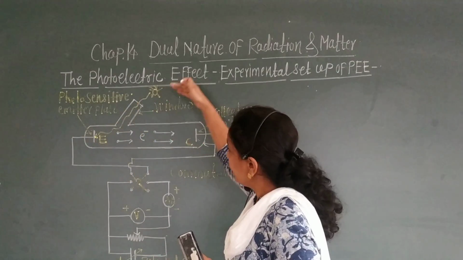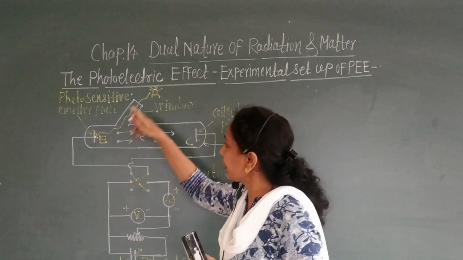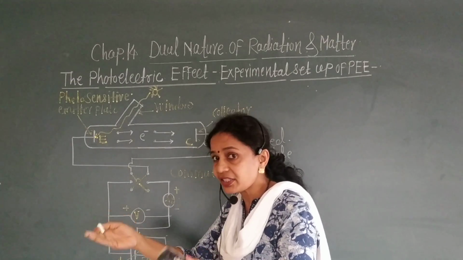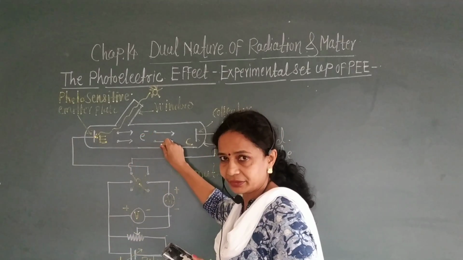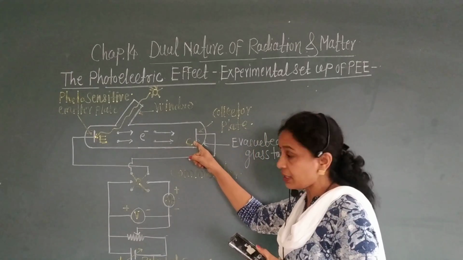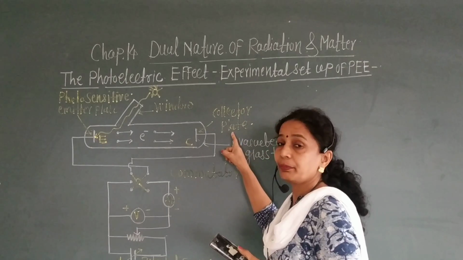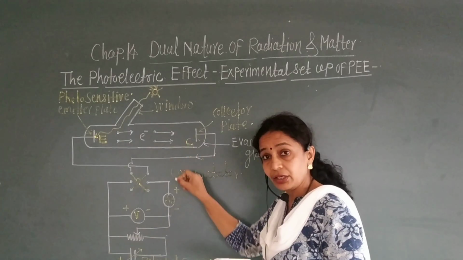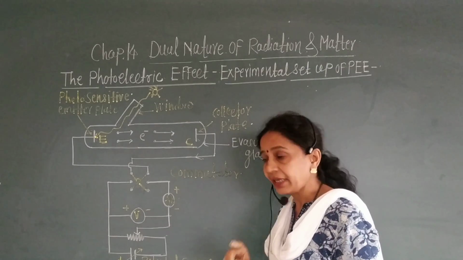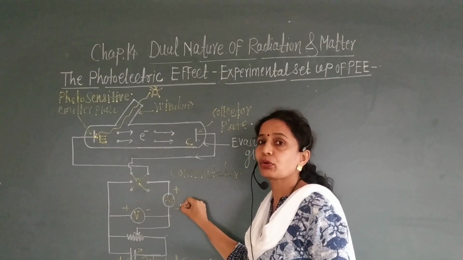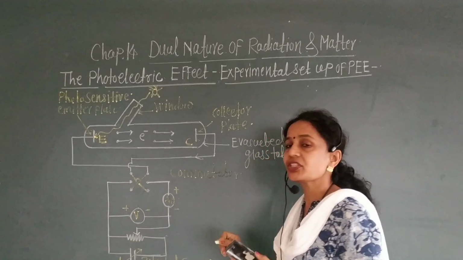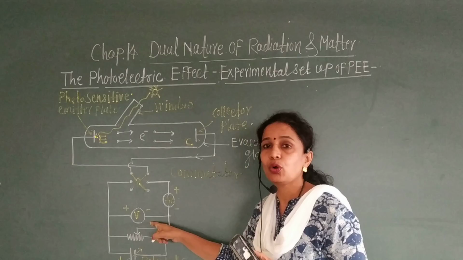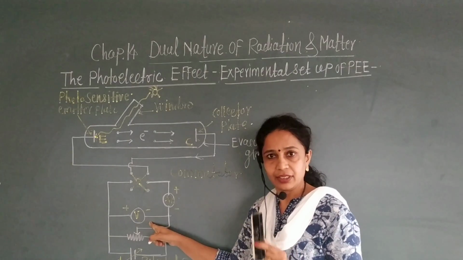This is the window. Ultraviolet radiation is incident on the emitter plate. Therefore this emitter plate instantaneously emits electrons. The emitted electrons are collected by the collector plate C. As there is emission of electrons, there is a current flowing through the circuit, and that current is measured by the microammeter, and the potential difference between emitter and collector is measured by the voltmeter. Okay, this is the working.